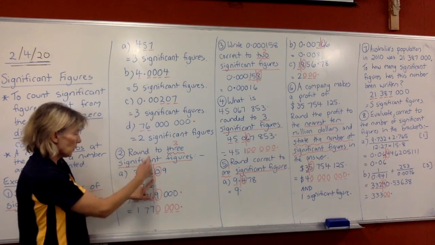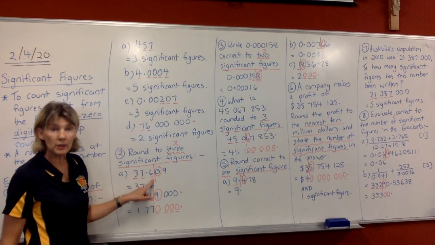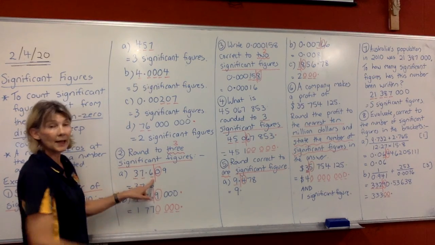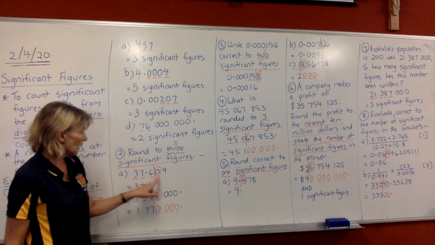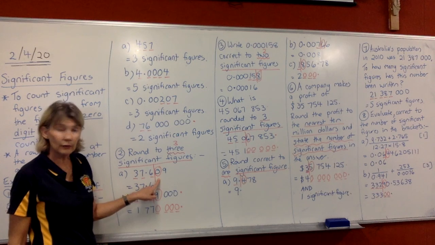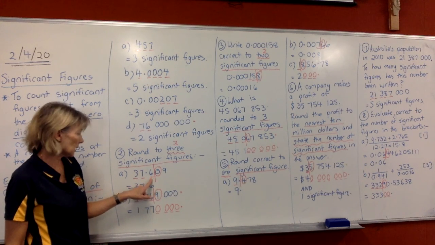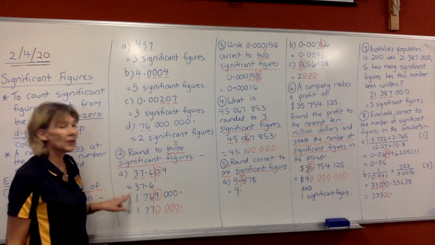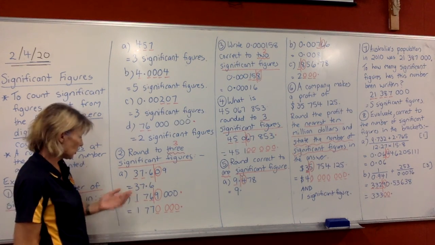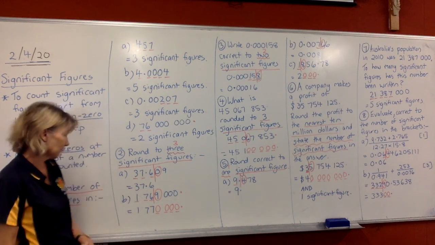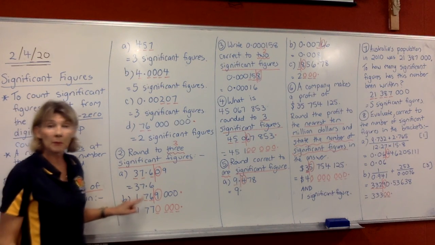Now we're rounding, so we draw the line after the third significant figure. Look at the next digit after the line. If that is less than 5, which it is, this stays as it is. So that stays as a 6, and everything in front stays as it is. That's your number, 37.6.